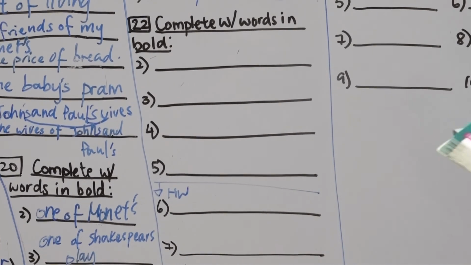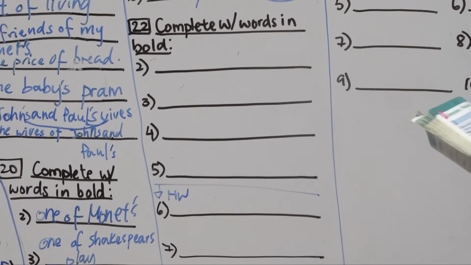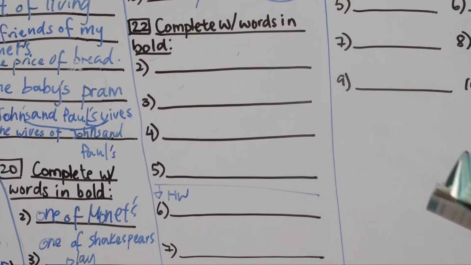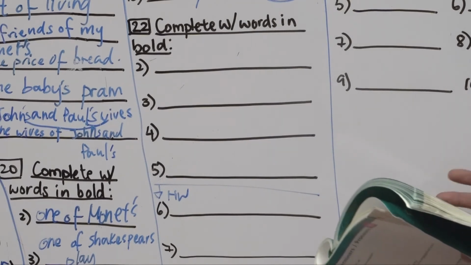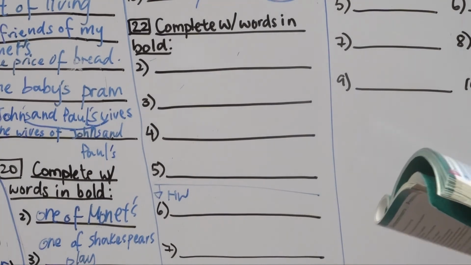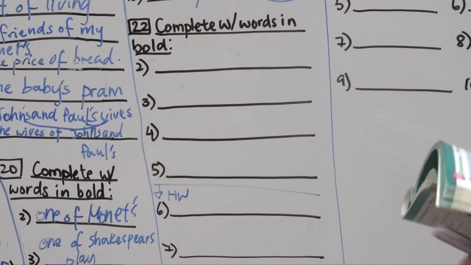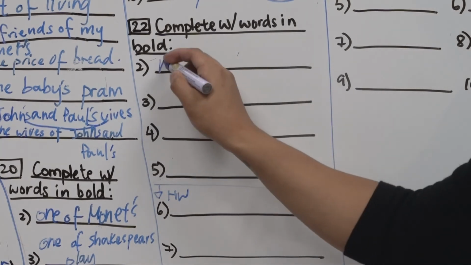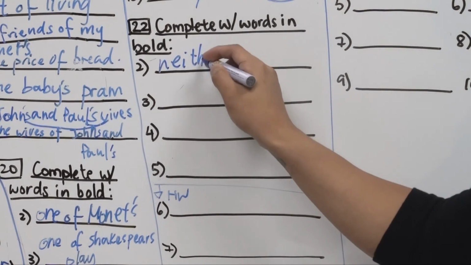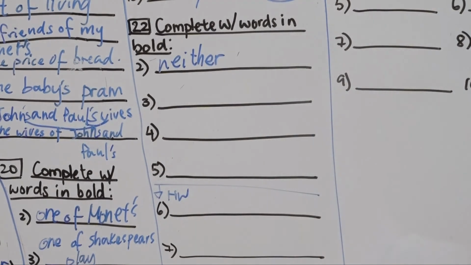Okay, so for part 22, number 2, she said I dislike French films and so does Jim. So Jim and this girl, right, they both do not like. We have to use neither. So she said that neither, okay? She said that neither, and then the person comes, right? The people come, or the nouns. So neither who?